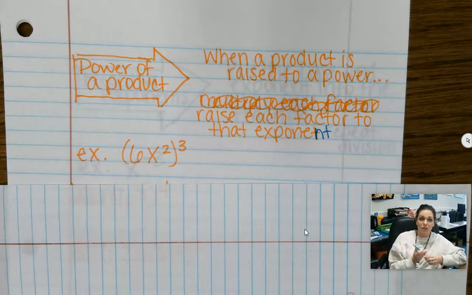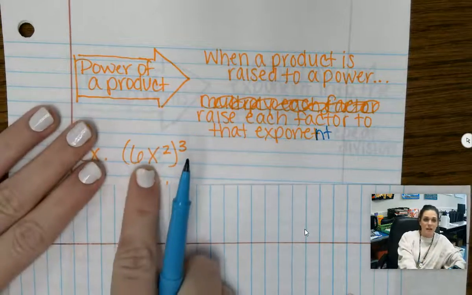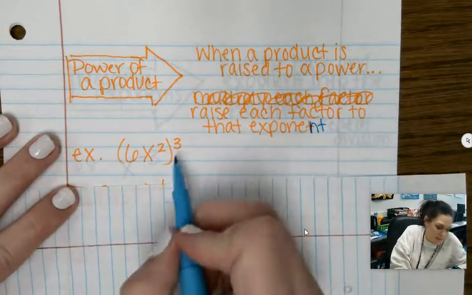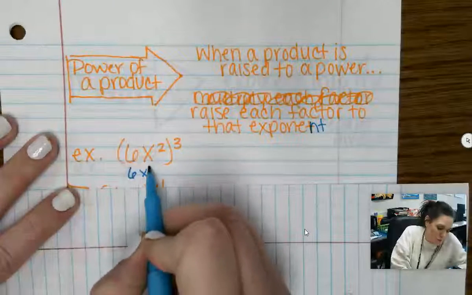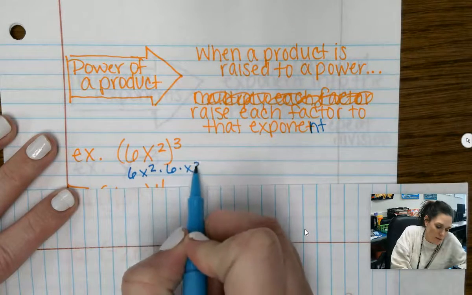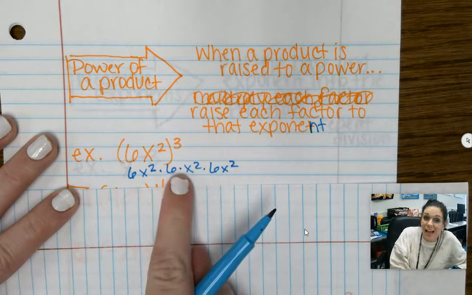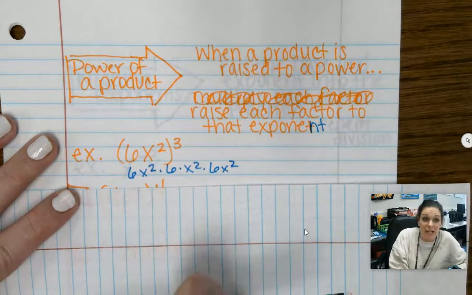So this actually means I have 6x squared all raised to the third power. If I were to write this out, this says I have 6x squared times 6x squared times 6x squared, 3 times. Now notice I am allowed to separate the 6 from the x squared.